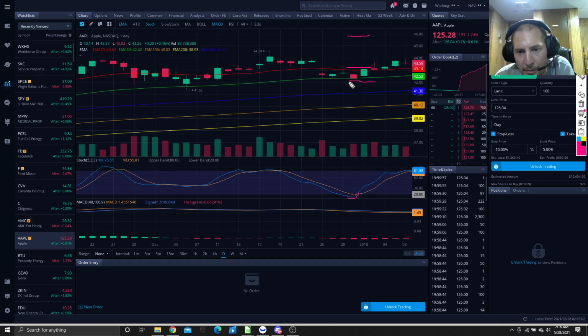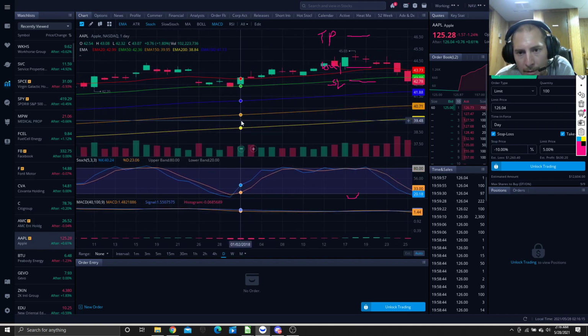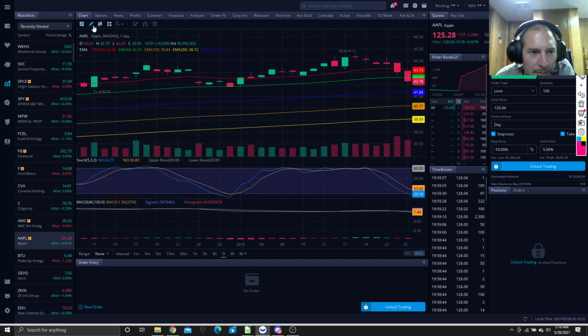So this would be roughly your stop loss. This would be your buy, and this is roughly your take profit here. I don't think these are moving properly. Let me just draw some horizontal lines here.